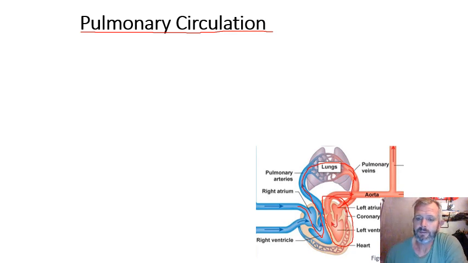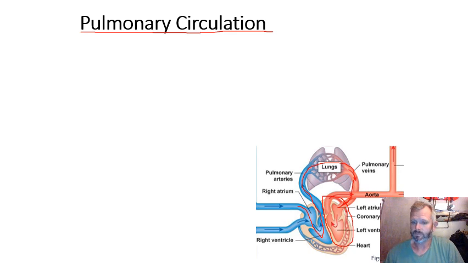But that blood is being pumped out throughout the systemic circulation throughout the body. So we have all this blood pumping through, 6 liters, and this right side of the heart has to match the left side.